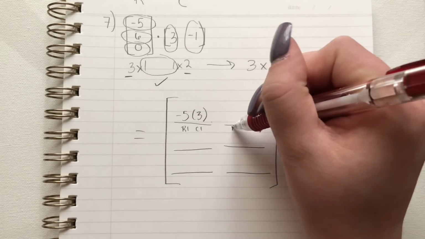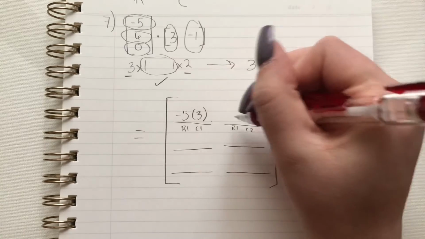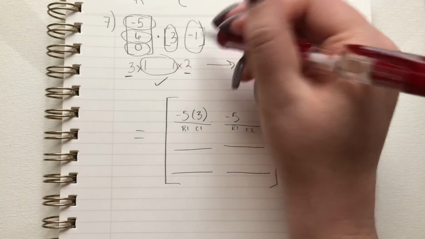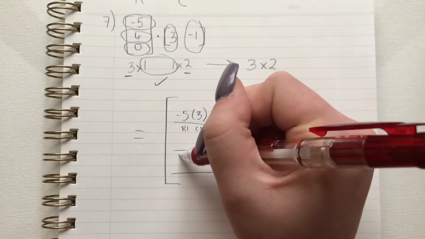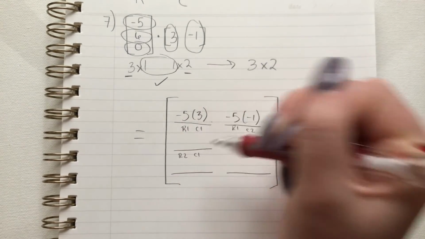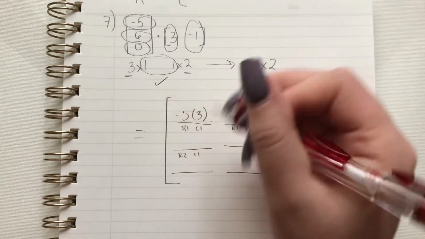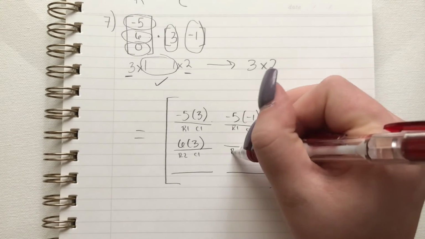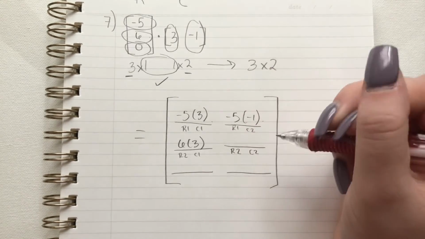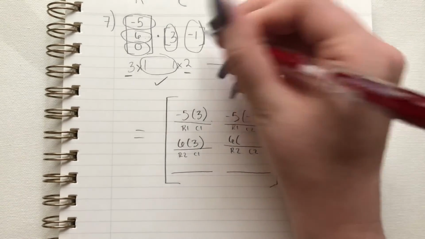So the next one, this is still row 1, but in column 2. So that's -5 times this column 2, -1. And then on here we have row 2, column 1. So row 2 here is 6, and then column 1 is 3. So that's 6 times 3. Over here, this is row 2, column 2. So again, that's 6, and then times -1.